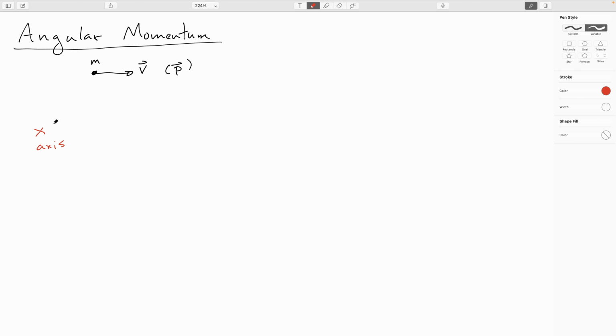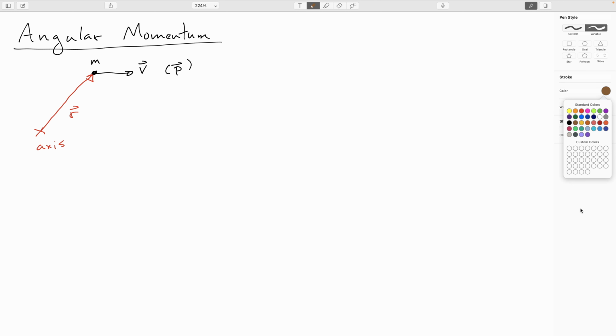So we'll draw a position vector from our axis that we're choosing to analyze everything around. This is our axis of rotation, and this mass here is doing a really bad job of rotating around that axis, but it is still kind of sort of rotating about it.